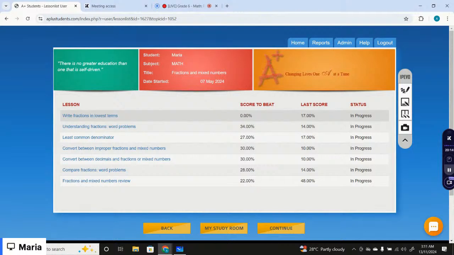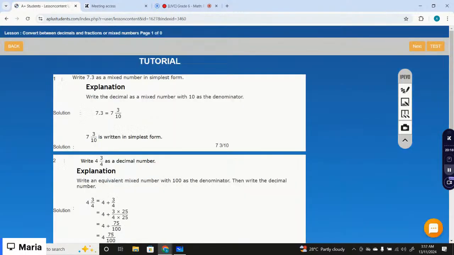Convert between decimals and fractions or mixed numbers. Write 7.3 as a mixed number in simplest form.